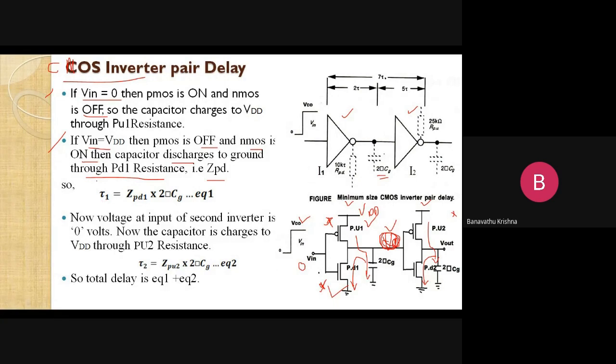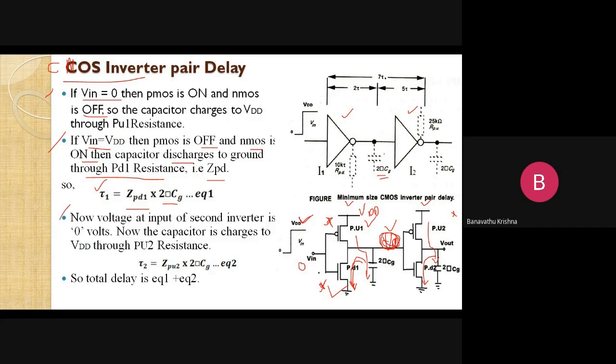So then tau 1 equal to ZPD 1, that is pull down 1, means the capacitor is going to be discharged through this pull down transistor 1 if the V input voltage is VDD, right? So then tau 1 equal to ZPD 1 into 2 square Cg. This is the value. The time constant equal to R into C. Likewise here ZPD 1 into 2 square Cg. So here ZPD 1 is nothing but the RS value for pull down transistor 1.